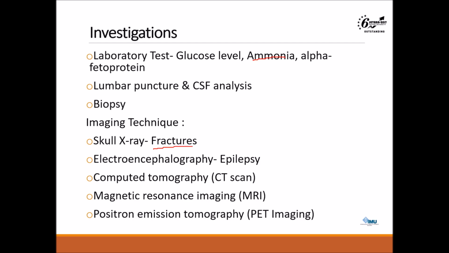And if the patient is having epilepsy, we can do electroencephalography, in short, we call this EEG. And for congenital disorders and traumatic disorders like hematoma and hemorrhage formations, we can do CT, MRI, and positron emission tomography.